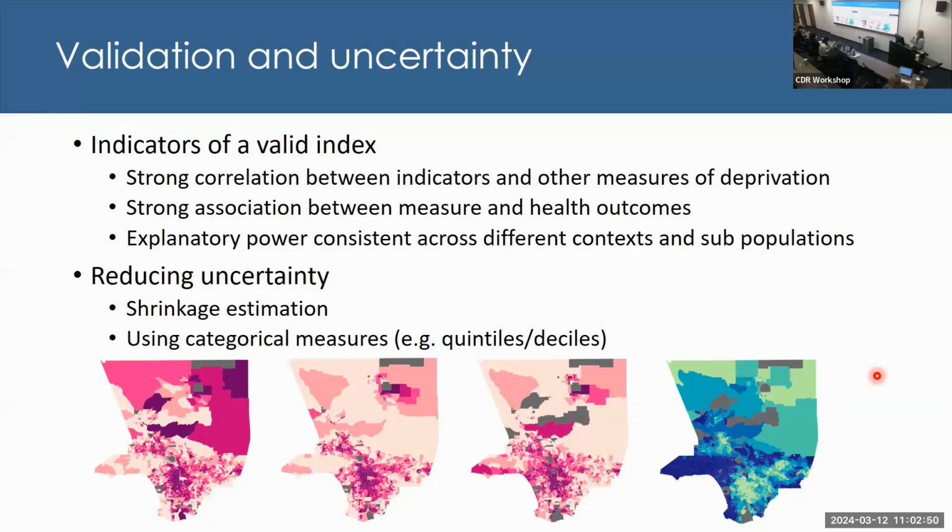And one way to reduce uncertainty is using shrinkage estimation, which uses the values of the surrounding tracts or neighborhoods to influence the measurement and reduce uncertainty. Another approach, which is what I use, is using categorical measures such as quintiles or deciles of deprivation. And it's a very common approach which is used in lots of different things.